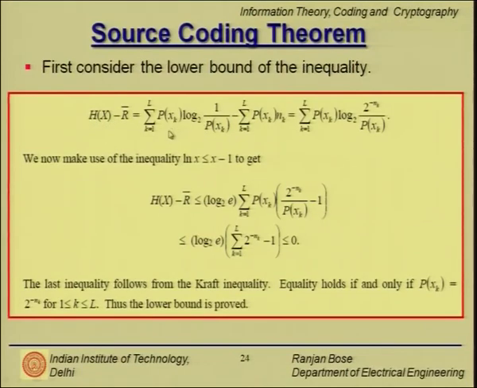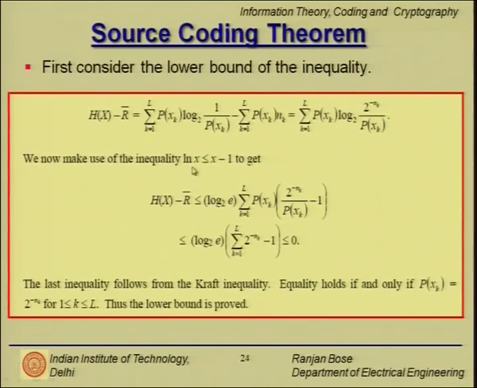So, H(X) is nothing but the sum of p(x k) log 1 over p(x k), and R bar, which is the average code word length, is nothing but n k, the length of the code word k, multiplied by the probability p(x k), and this gives the average code word length. You group them together and you get this expression.